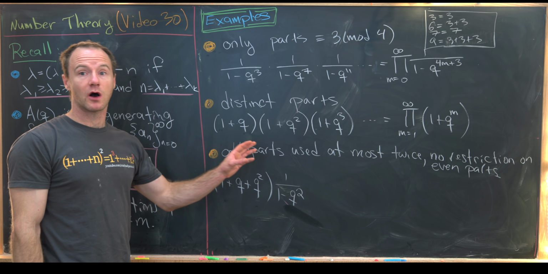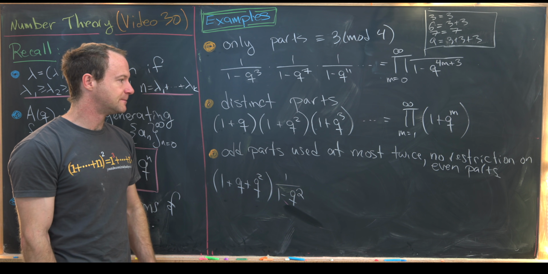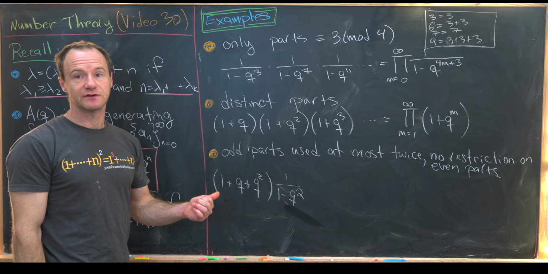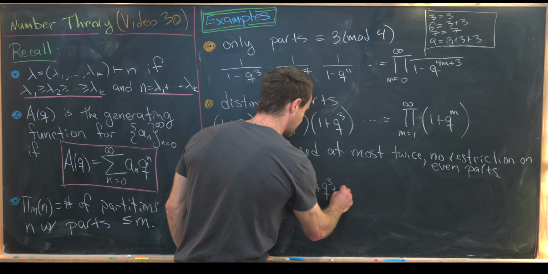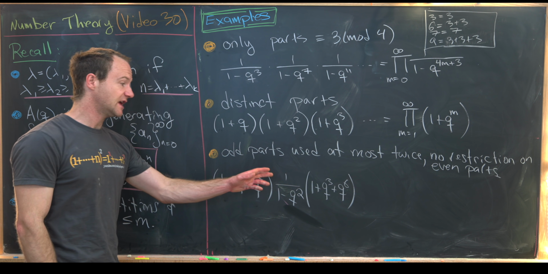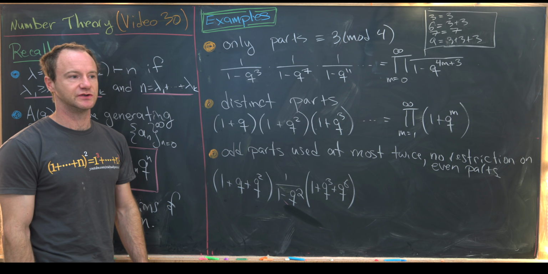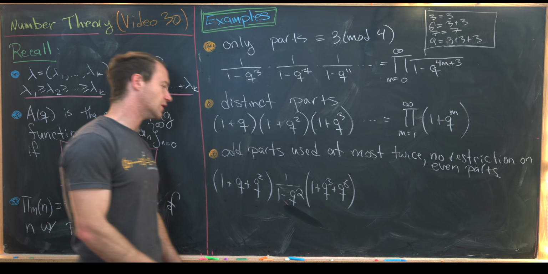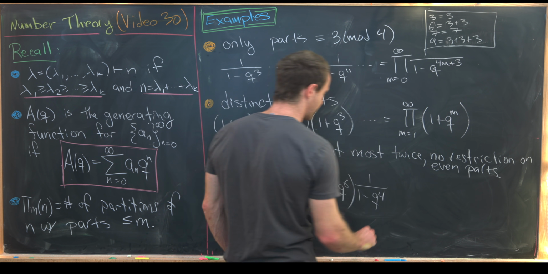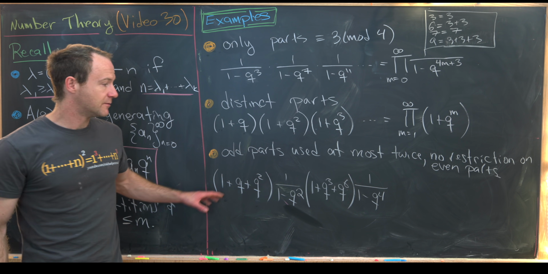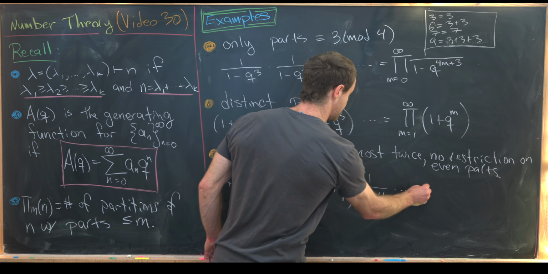Okay, so now we're on to parts that are equal to 3, but we're only able to use those 0, 1, or 2 times. So that's going to be 1 plus q cubed plus q to the 6. Then we're on to parts that are equal to 4. We're allowed to use those as many times as we want, so those sum to the geometric series 1 over 1 minus q to the 4th. But now this extends forever.